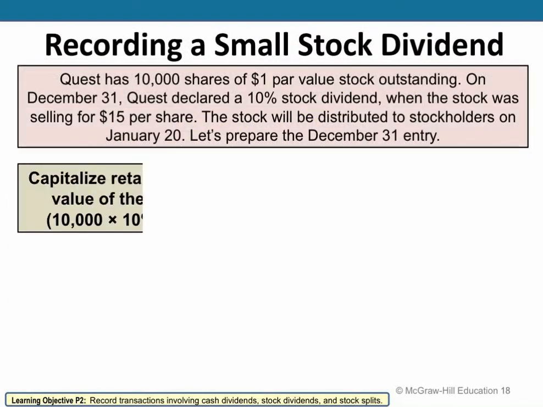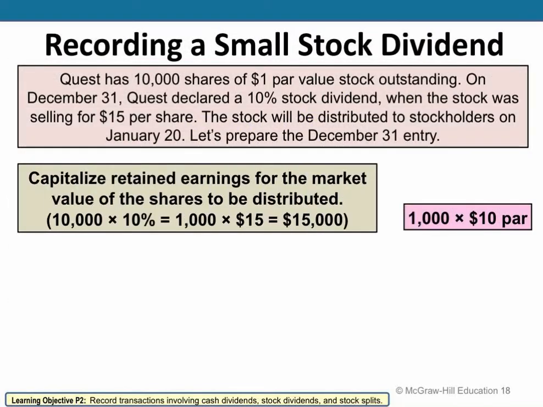For the small stock dividend, the example has 10,000 shares with $1 par value outstanding. We're going to declare a 10% stock dividend, so a small stock dividend. The fair market value, what it's trading at, is $15 per share. The stock is going to be distributed on January 20th.